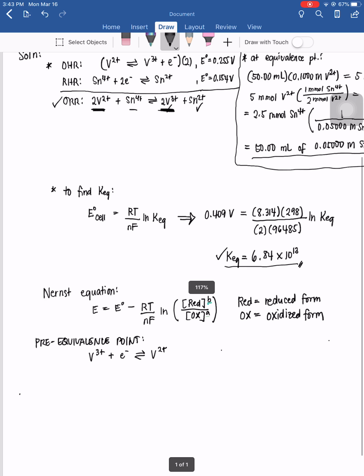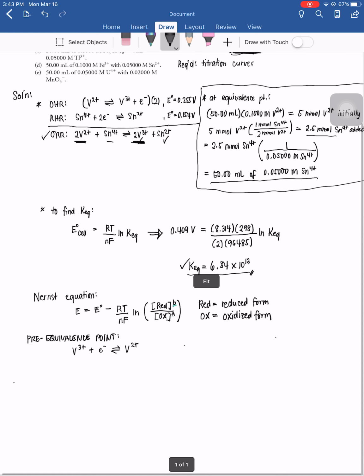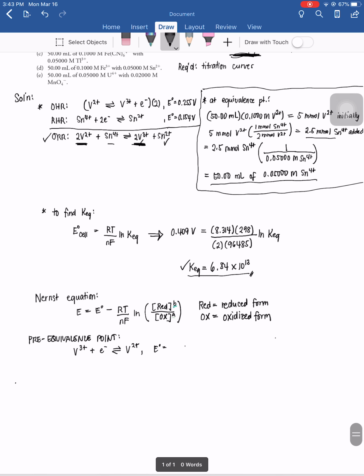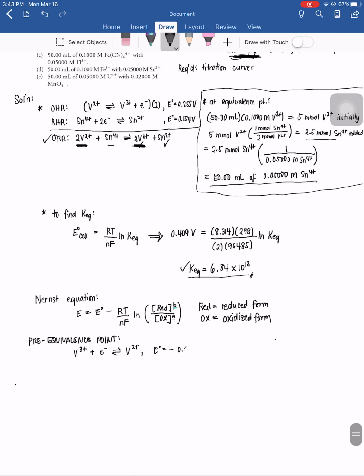So if we're now going to plug in the values to our Nernst equation, using the values we have, E0 is negative 0.255 volts. We should be able to get the following.